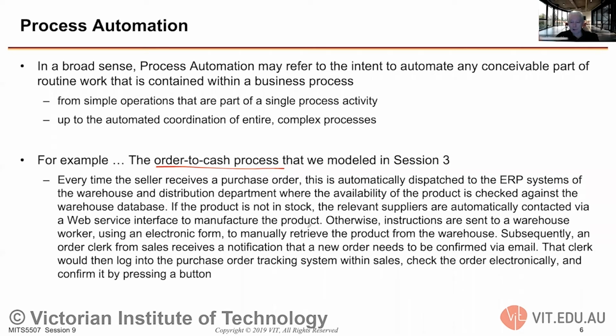Otherwise, instructions are sent to a warehouse worker using an electronic form to manually retrieve the product from the warehouse. Subsequently, an order clerk from the sales area receives notification that a new order needs to be confirmed via email. That clerk would then log into the purchase order tracking system within the sales area, check the order electronically and confirm it by pressing a button. So there's an order to cash process system.